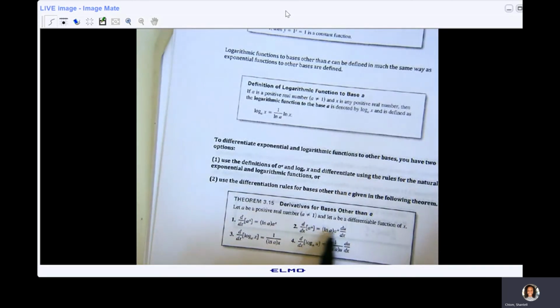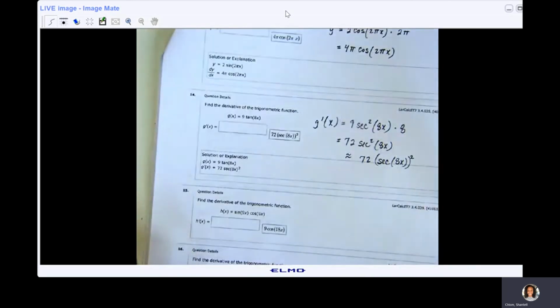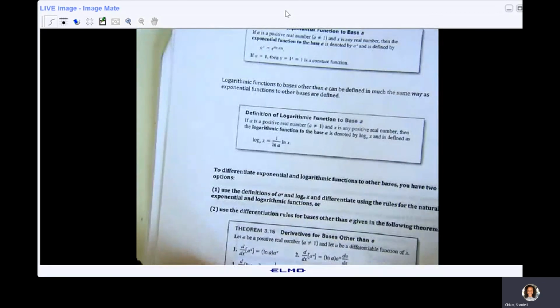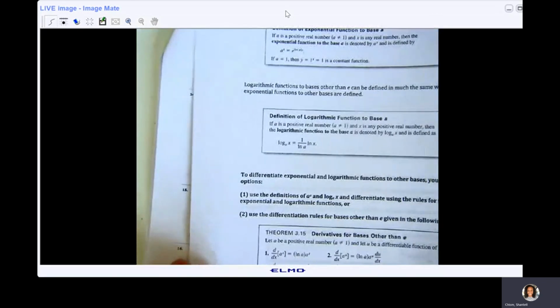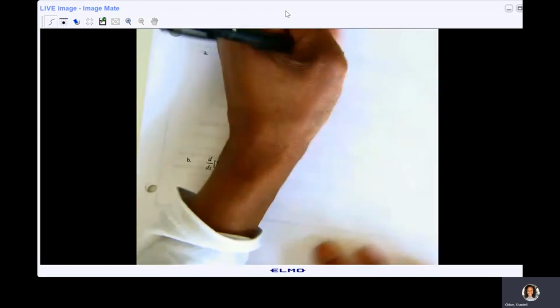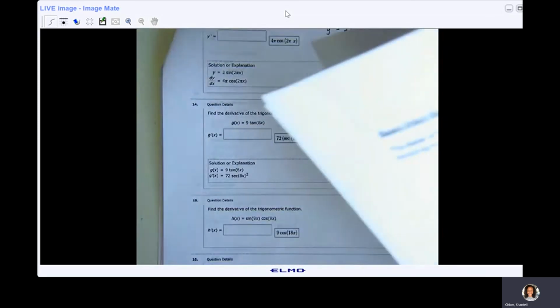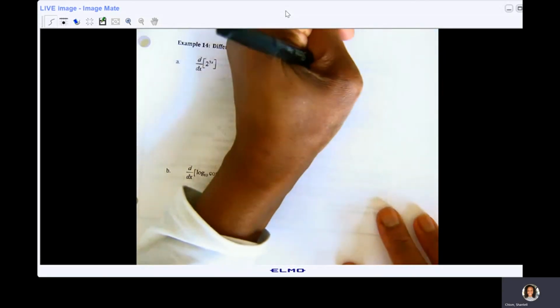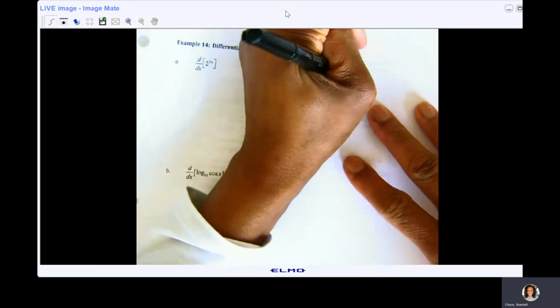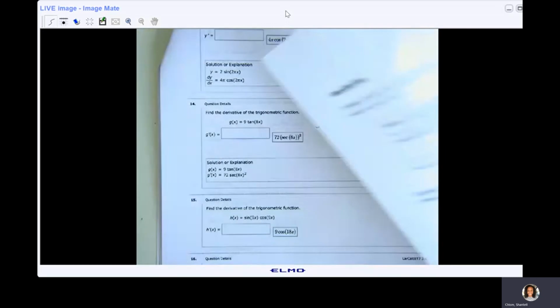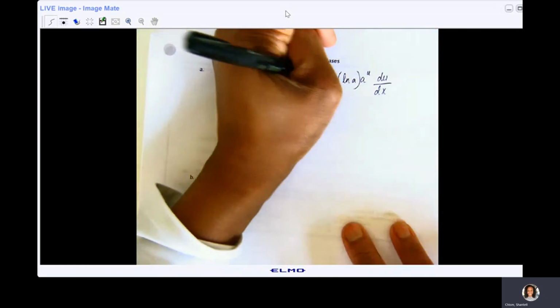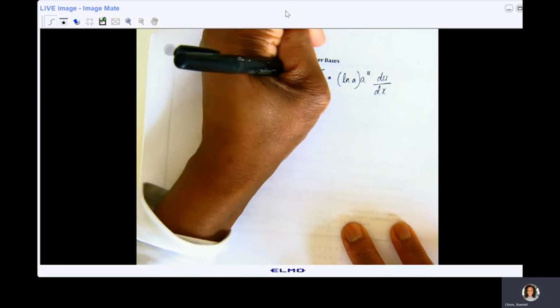I'm going to write that over here on this side. ln of a to the u, and then du with respect to dx. And that was the derivative of u.